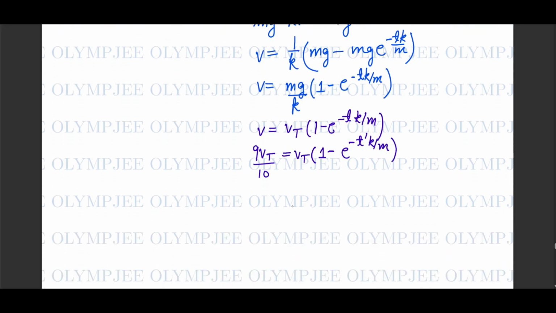Now this will become e raised to power minus t dash k by m is equal to 1 by 10. Sorry, there was vt here also, so vt will get cancelled. It will become minus t dash k by m equal to minus log of 10. We can cancel minus on both sides.